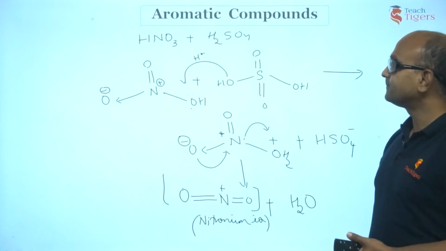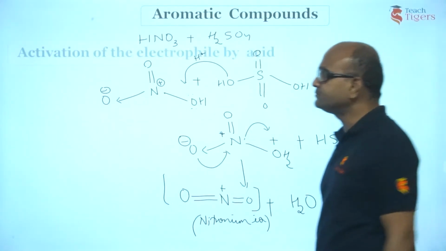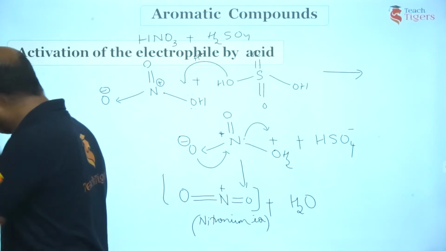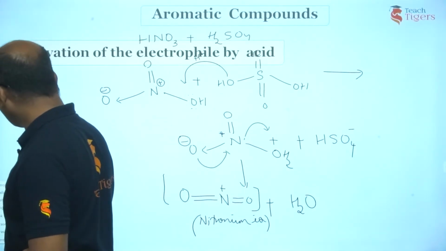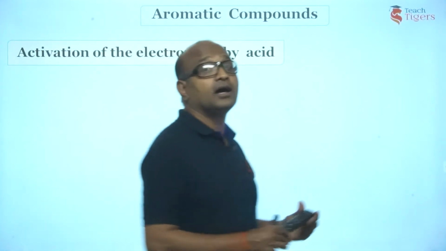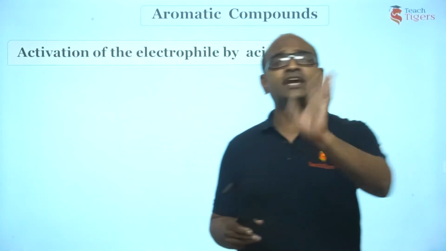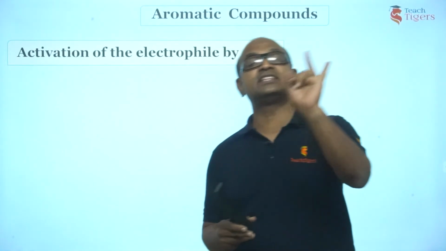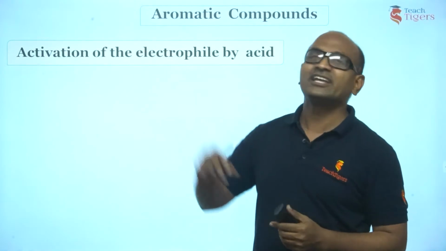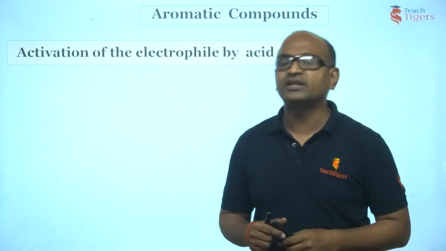Is this clear? Now guys, can you tell me what is the role of acid here in this nitration? I didn't use any Lewis acid. I did not take AlCl3, nor did I take FeCl3. What did I do? I have added H2SO4. Sir, what is the role of that?